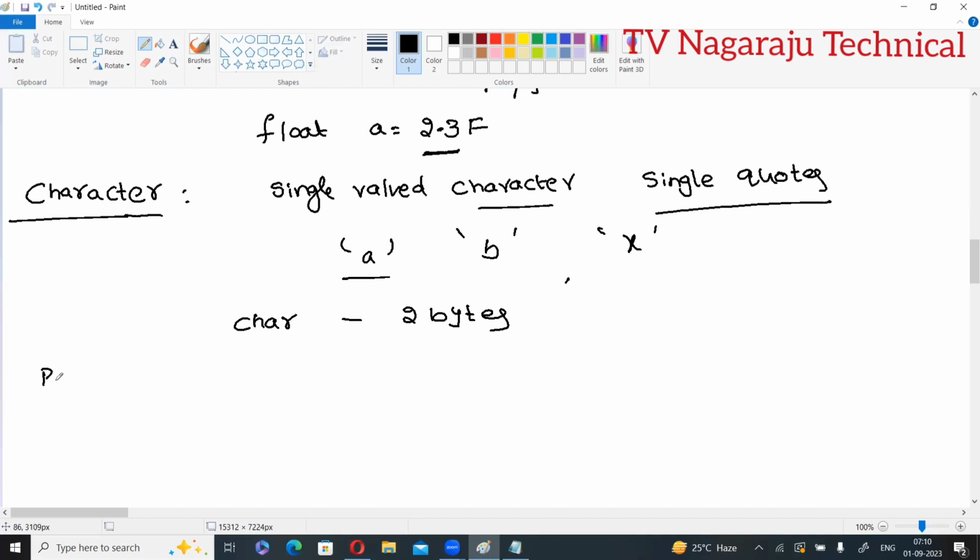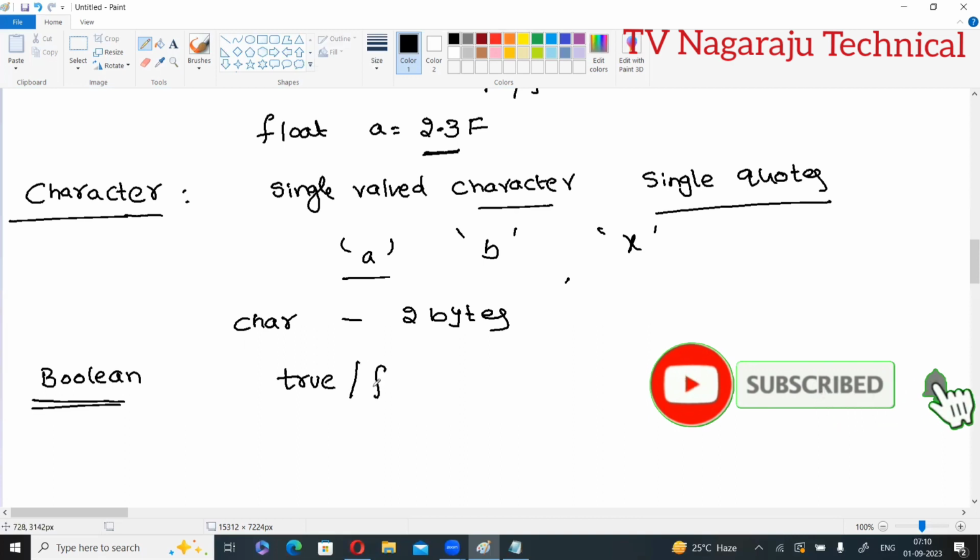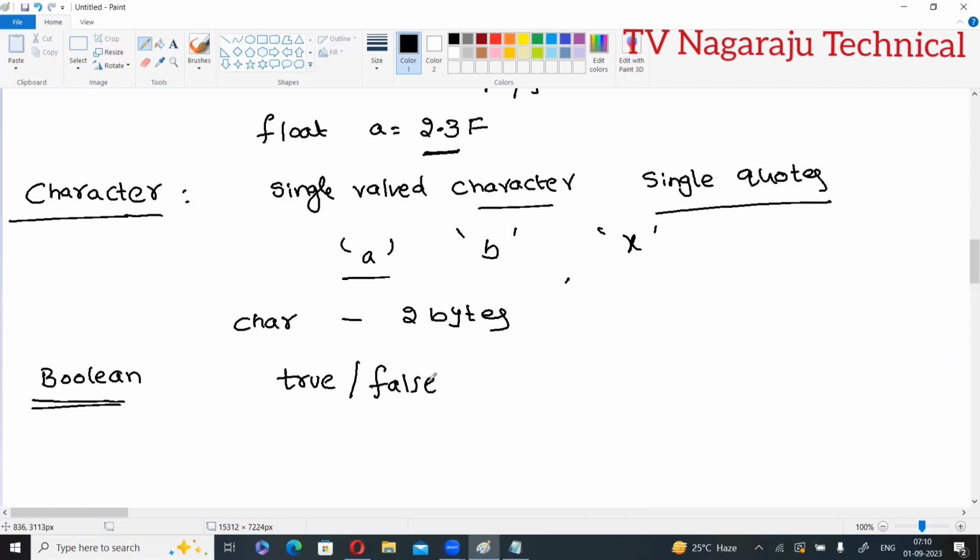And the last one is Boolean data type. The Boolean data type exists in the form of true or false. Suppose you want to store the values either true or false, in that situation you use the Boolean data type.